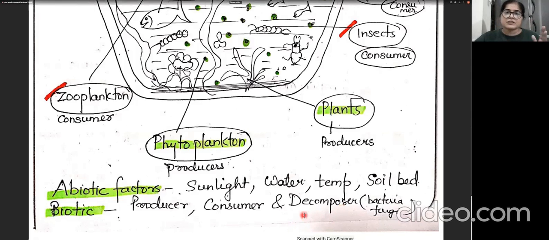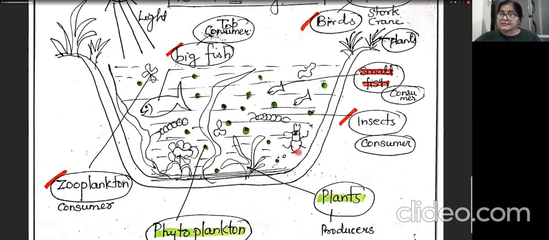If decomposers were not there on earth, our earth would be full of dead bodies. So decomposers are very important to the ecosystem and the environment, as they clean the environment, return the nutrients back into the soil, and maintain the nutrient cycles in our atmosphere.